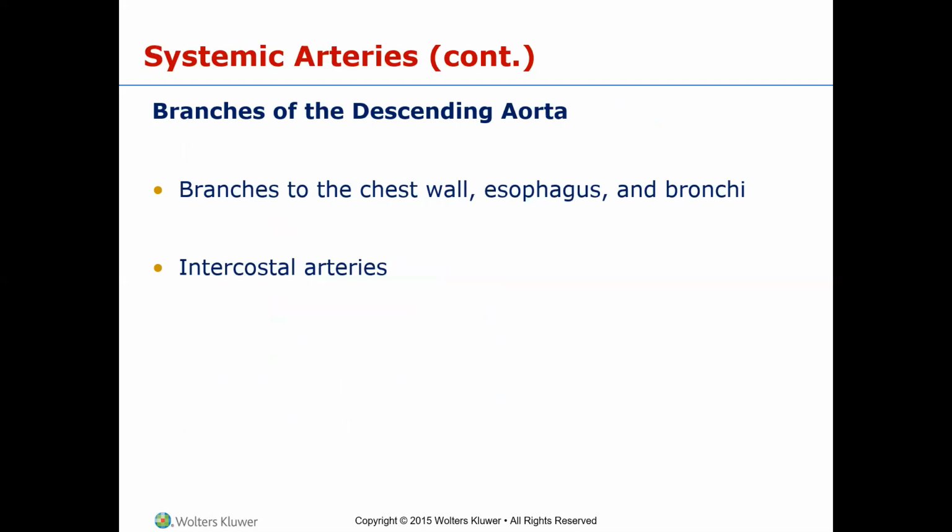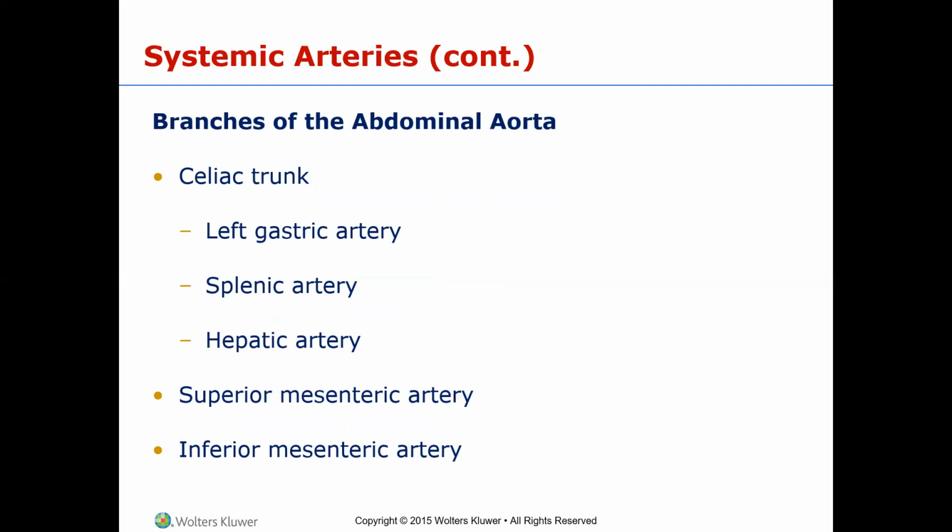And then the descending aorta branches through the chest wall, the esophagus, and then out into the lungs through the bronchi. And then we have these intercostal arteries that are moving out through the trunk of our body.